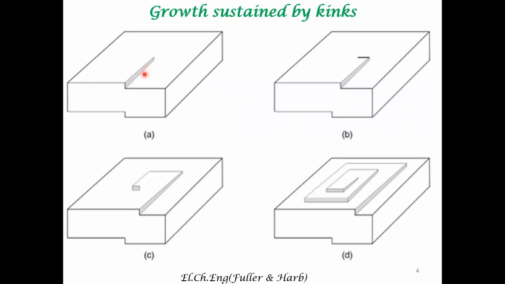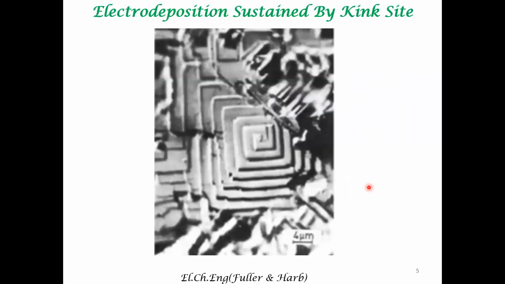It continues to grow along the kinks, and this generates a particular kind of morphology. This morphology is usually seen when the electrodeposition is conducted at low overpotentials, and this is the characteristic morphology at low overpotentials.